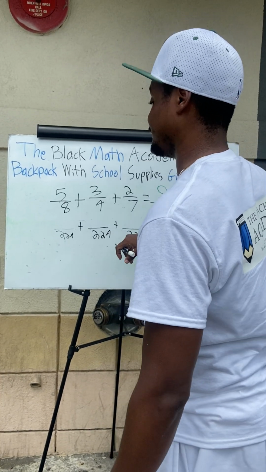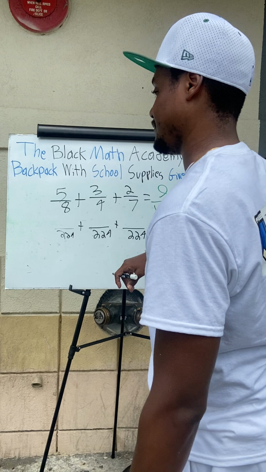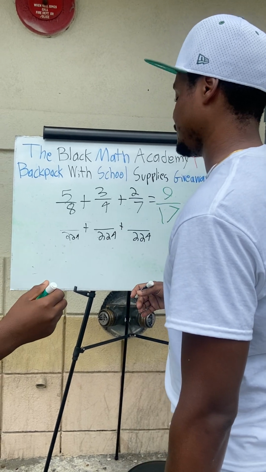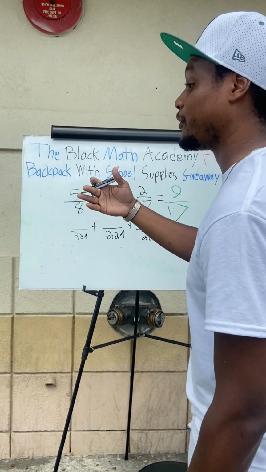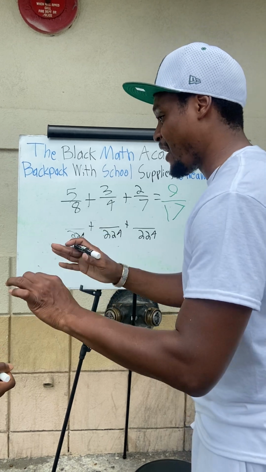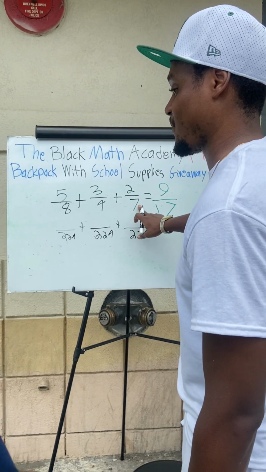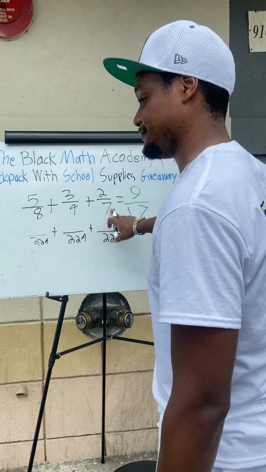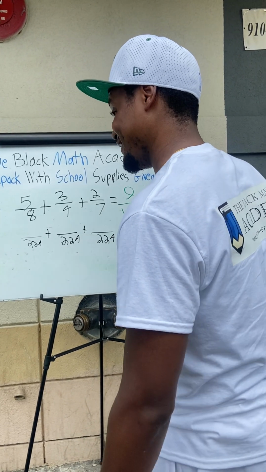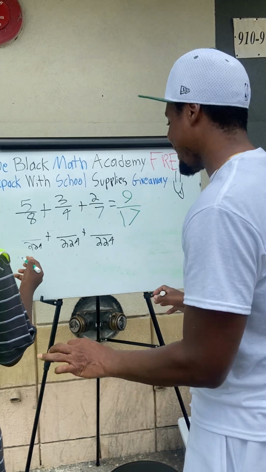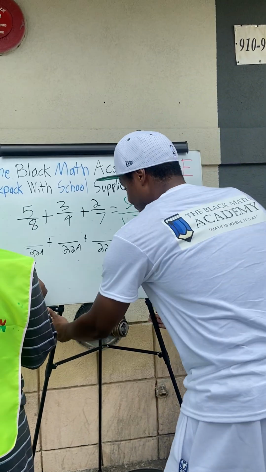Good job. And 5 times 4 is 20. That means 5 is no longer there. It's now 20. So 20 times 7. You can write that down. You don't have to do everything in your head. Write it down.